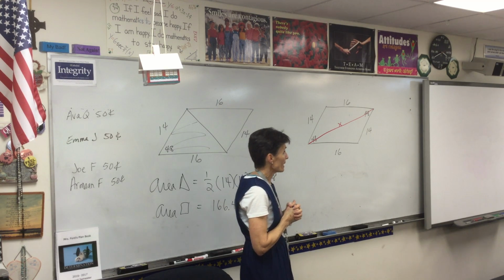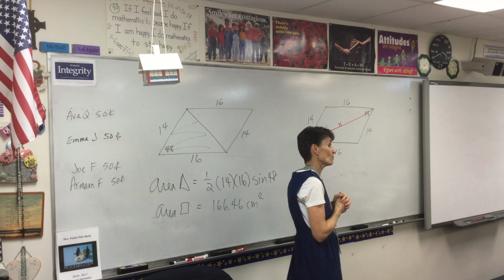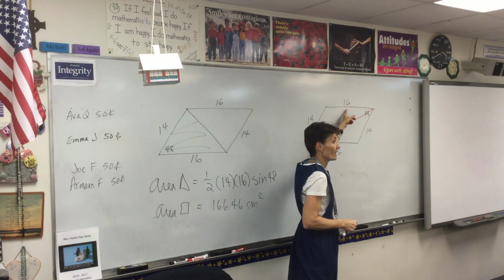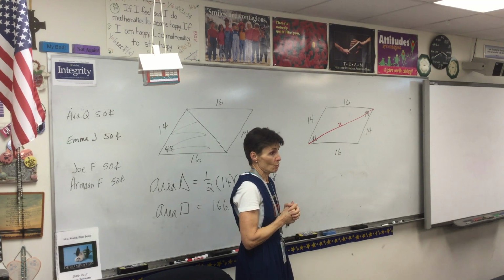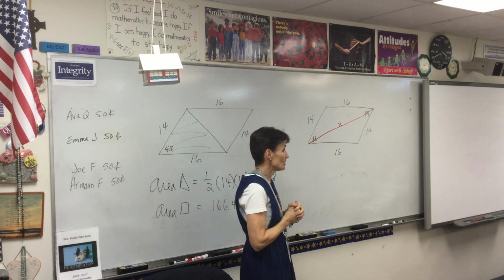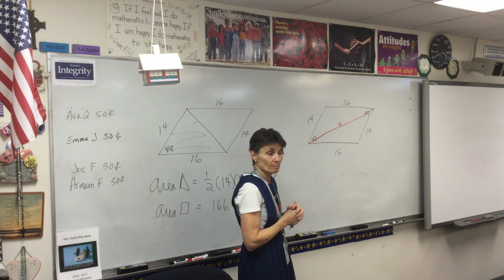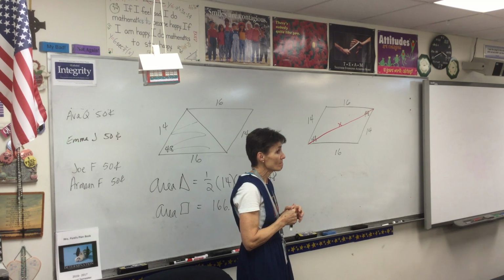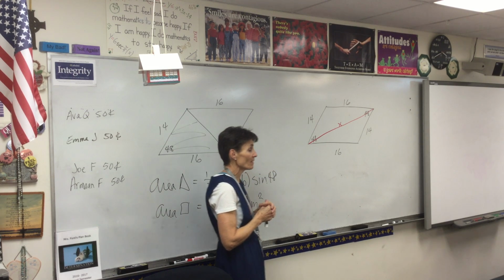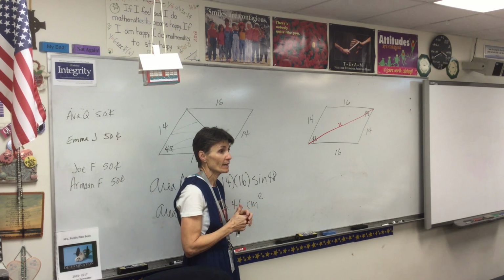The only time the diagonals bisect the angles is if you have a rhombus, and we clearly do not have a rhombus. So what am I going to do? 14 squared. Pythagorean theorem? Do I have a right angle? No. No Pythagorean theorem unless you have a right triangle.